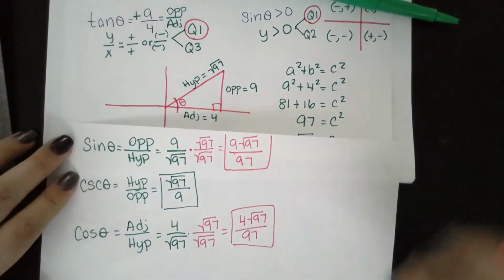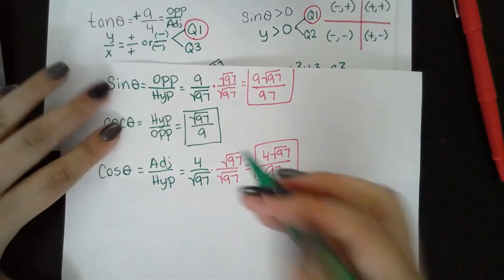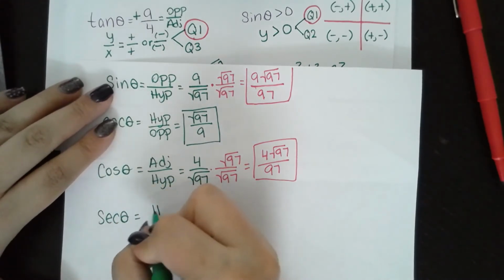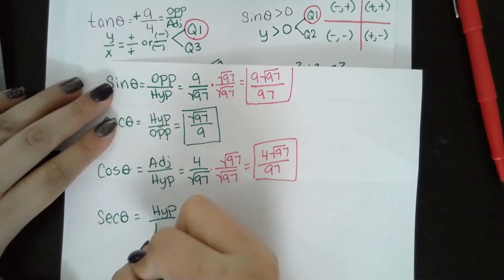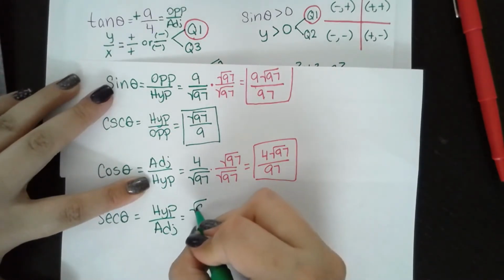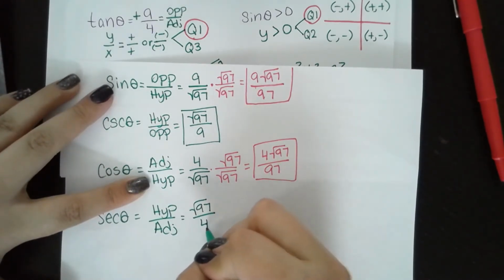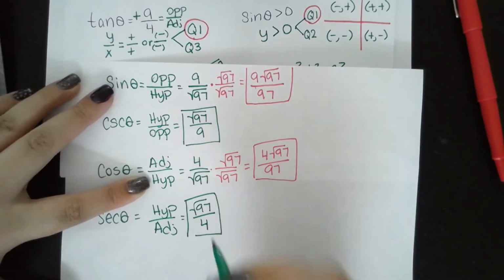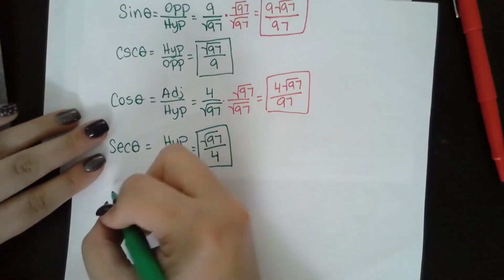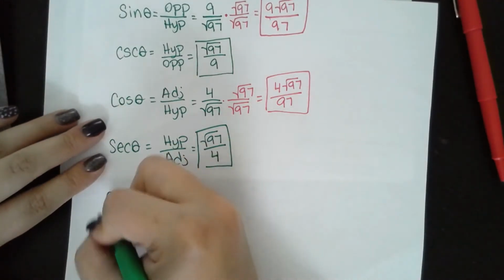I have 2 more. So now I would go on to secant. Secant is the reciprocal of cosine, or we can just say it's the hypotenuse over the adjacent. Hypotenuse being the square root of 97, adjacent being 4. No simplifying can be done. That's our answer. And then lastly, we're looking at cotangent.